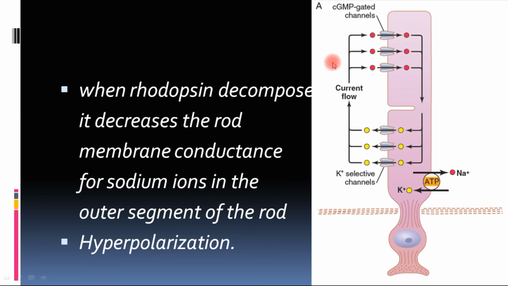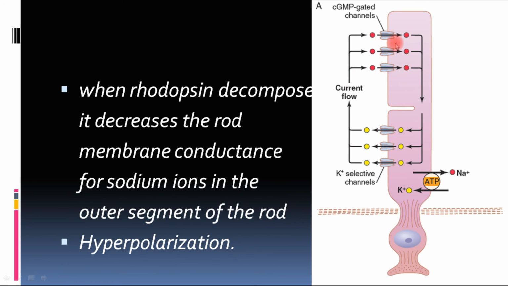Okay, so this is what is happening here in the outer segment and inner segment, and this resultant current flow is maintaining a negative potential of -40. Now what is going to happen is, when the rhodopsin decomposes, it decreases the rod's membrane conductance for sodium, as we have seen in the previous diagram. So the influx of the sodium ion will decrease.